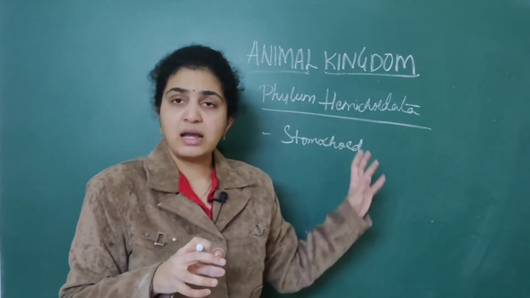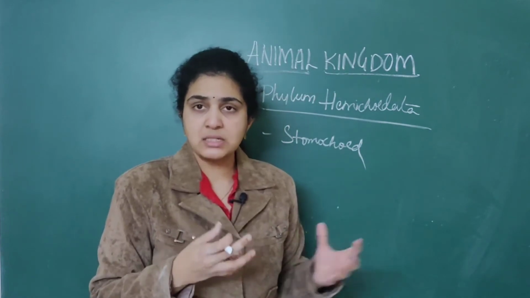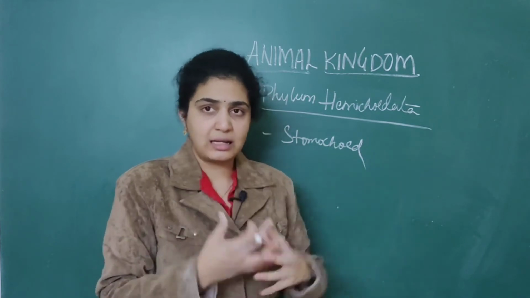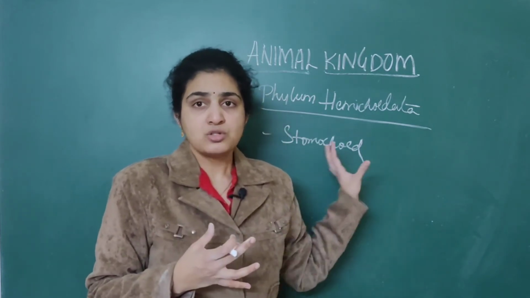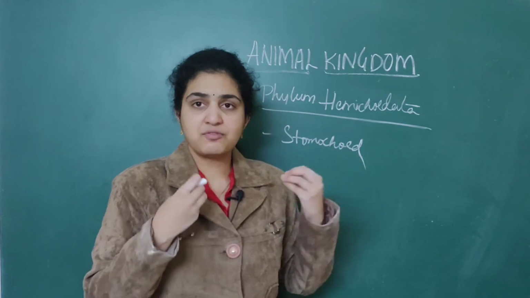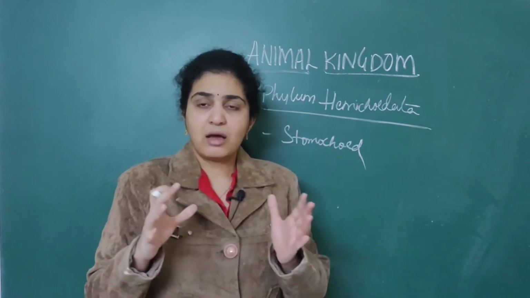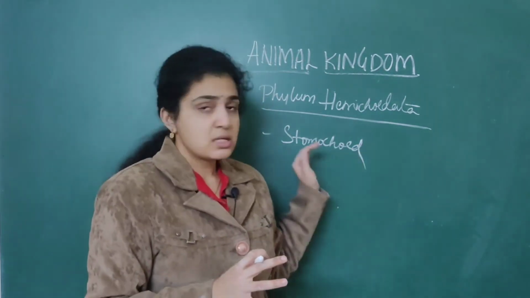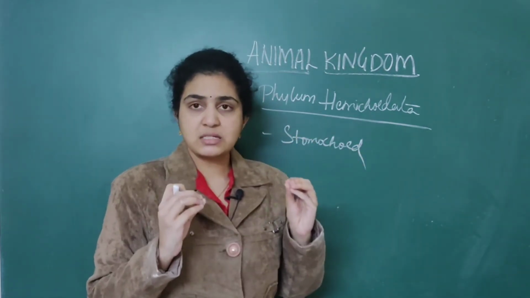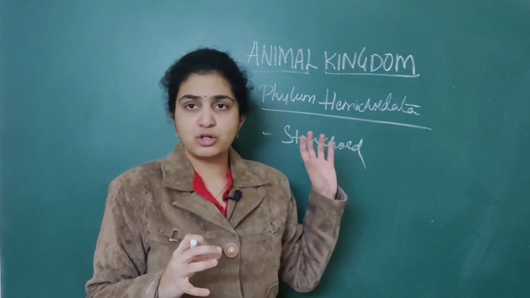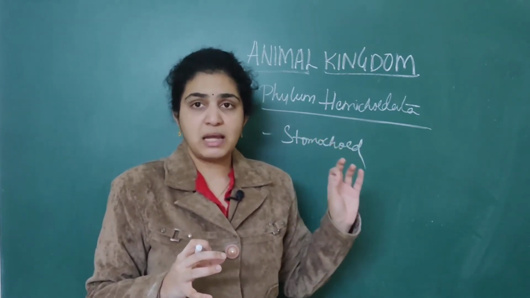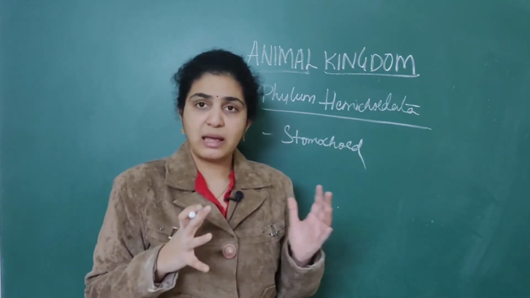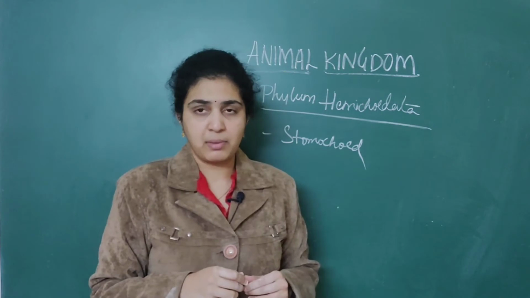But in hemichordates, as the notochord is absent, this stomochord is present in the collar region. I'll tell you what the collar is later. So that's why they have been classified under a separate phylum and given different names. In this, the stomochord is present in the collar region. This point you should remember very thoroughly. That is the first main point you should remember, and that recently they have been changed into hemichordates. That point also you should remember.